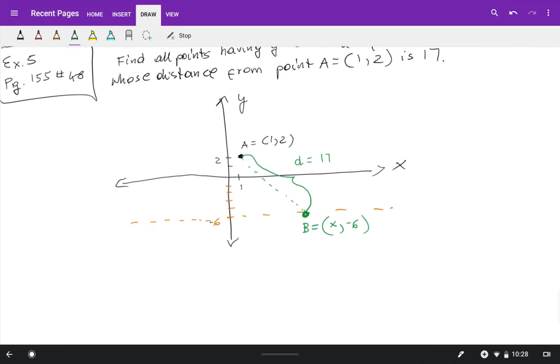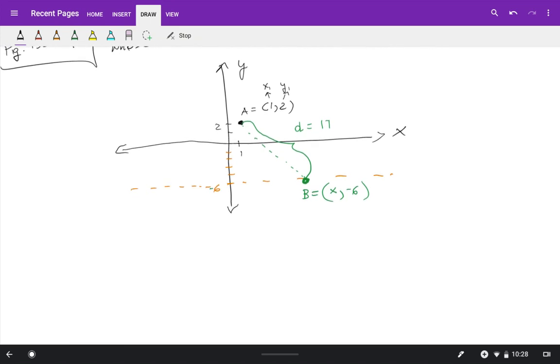So, of course, we'll use the distance formula. You want to label the given point A as x1, y1. So x1 is 1, y1 is 2. And point B, the x coordinate which we're trying to find, will be x2 from the distance formula. -6 will represent y2.